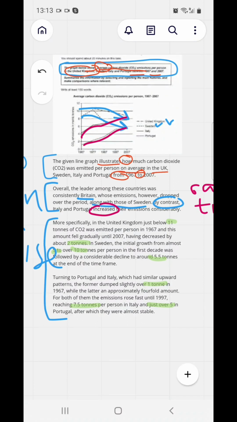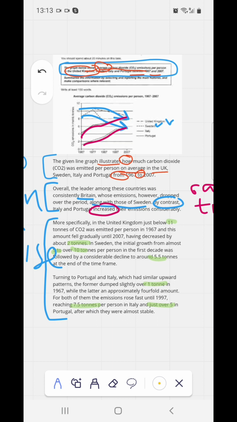Now look what exactly is written in each body paragraph. So here we have the description of trends for the United Kingdom. So we have a specific figure for the beginning, 11 tons.